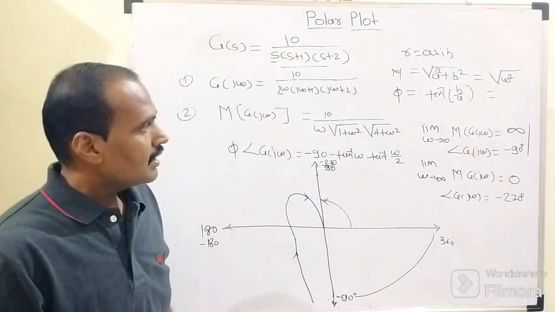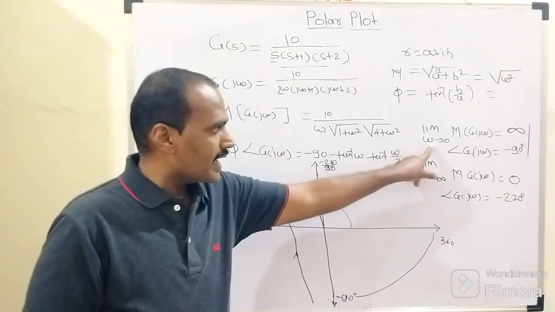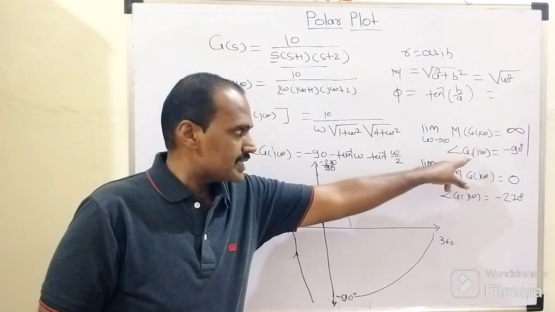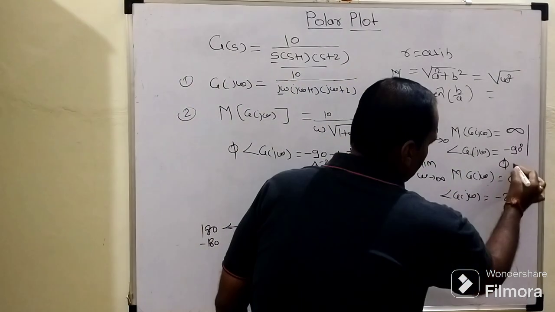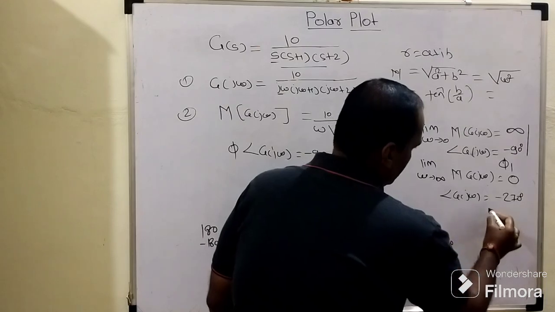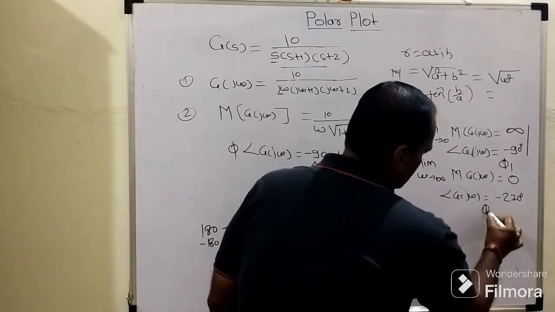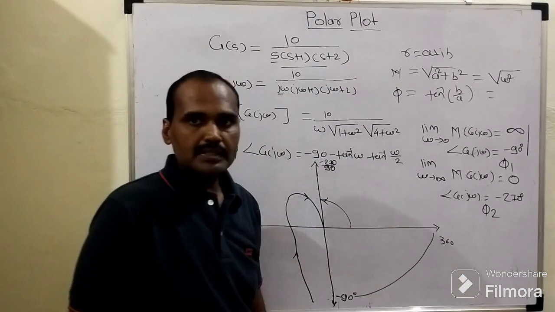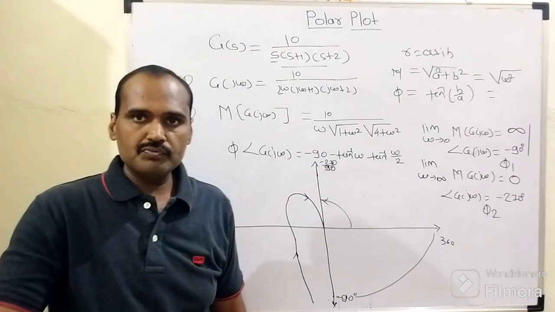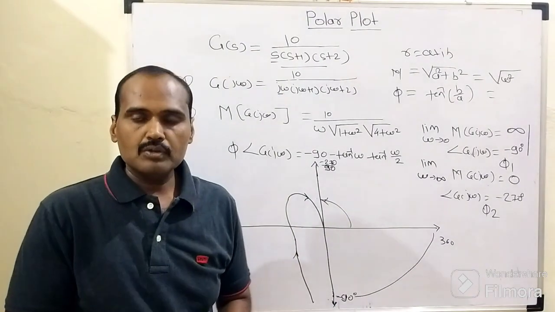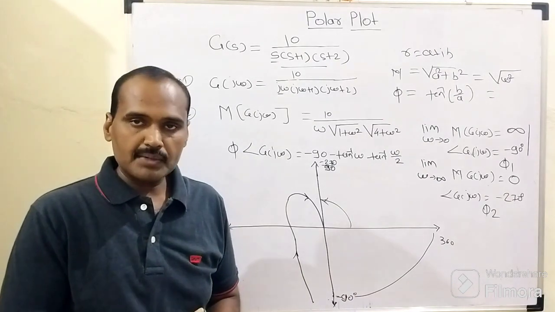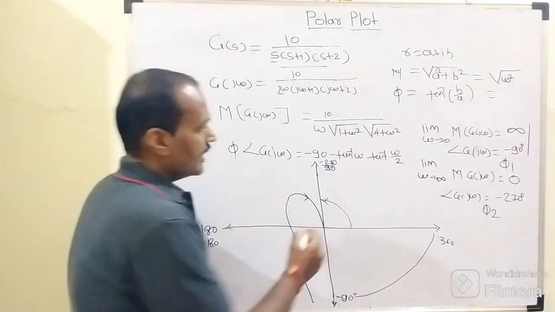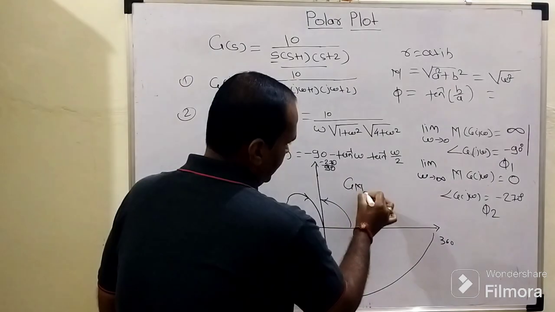As we know, when omega equals 0, the phase angle is minus 90 degree, which can be treated as phi 1. And when omega equals infinity, the phase angle equals phi 2. In the remaining part, we need to comment on the overall stability of this control system, so we need to determine its gain margin in terms of decimal.